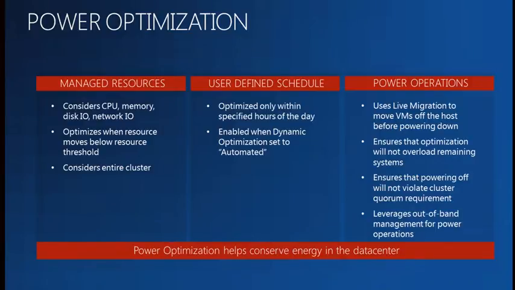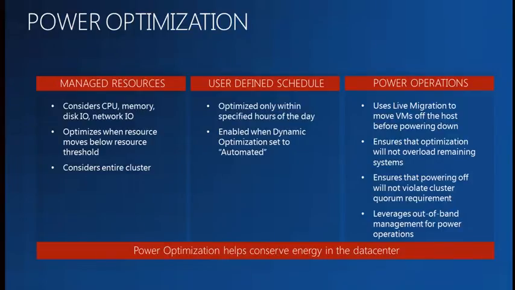It is only enabled when you put your dynamic optimization in automatic mode. If it's not in automatic mode, power optimization will not kick in. You have an option where you can specify during what hours of the day you want your power optimization to function. There may be scenarios where you probably don't want your servers to shut down and turn on during the peak hours of your working days. You probably want to do it during the weekends or during the long holidays.